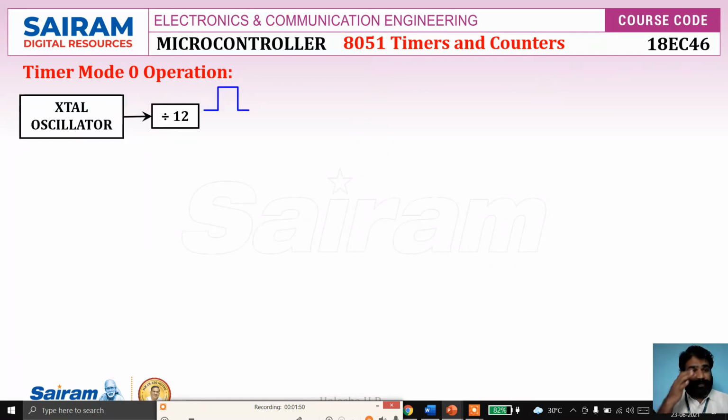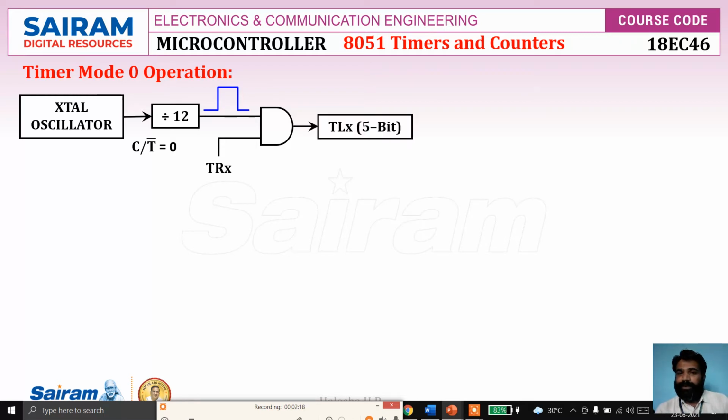Here the source of clock is the same, crystal frequency divided by 12, and it generates the pulses to be counted. C bar T bar should be equal to 0, and the pulses are connected to one input of the AND gate. Another input of the AND gate is the timer run control bit, that is TRX, which is TR0 for timer 0 and TR1 for timer 1.